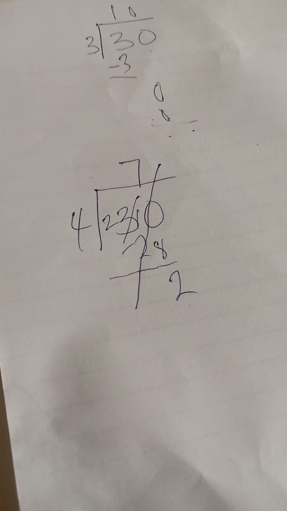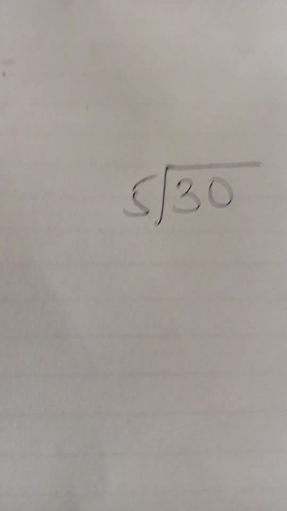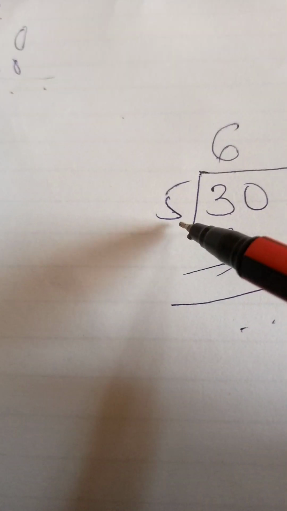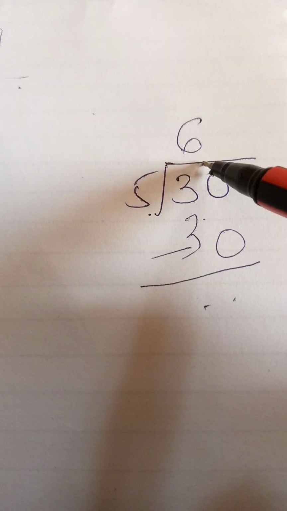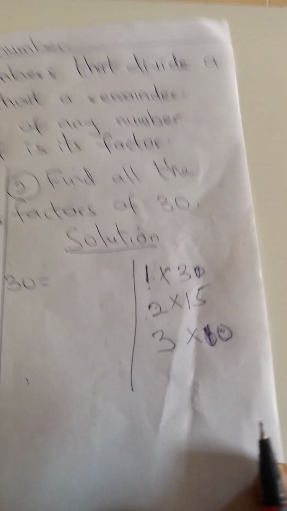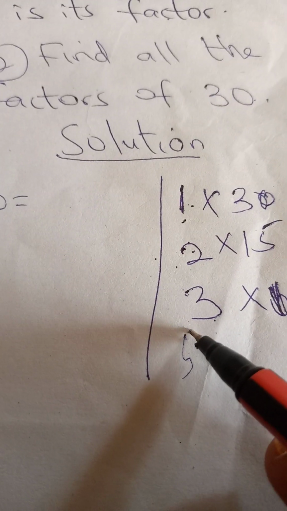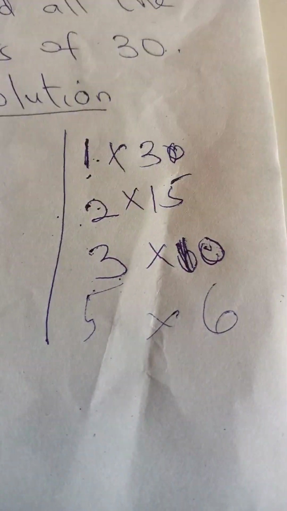I'll try the next number, which is 5. And here, 5 in 30 is 6. 5 times 6, 30. There is no remainder, meaning 5 can go in 30 six times. I have to write that in my answer, 5 times 6.